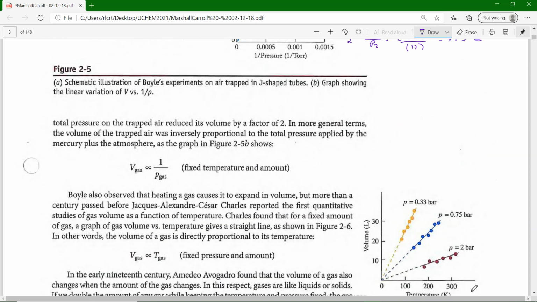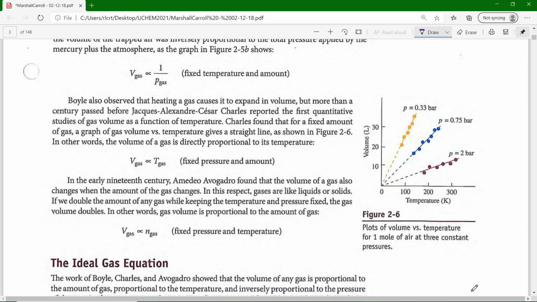Now the second one is called Charles's law, named after Jacques Alexandre César Charles. He hung out with the Montgolfiers, who were the big into hot air ballooning in France.